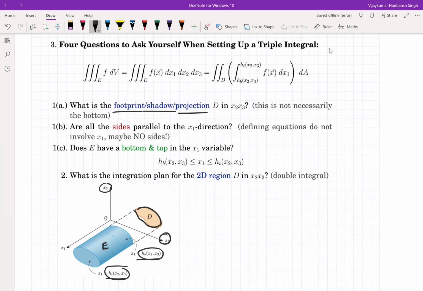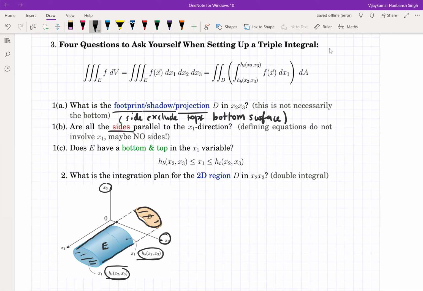So sides exclude the top and bottom. Yeah, so sides exclude these guys. So are these parallel to the x1 direction?